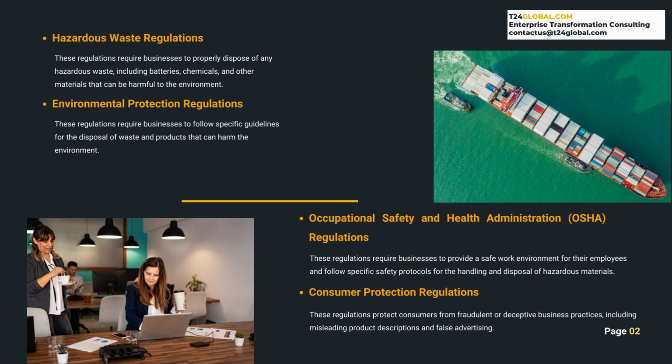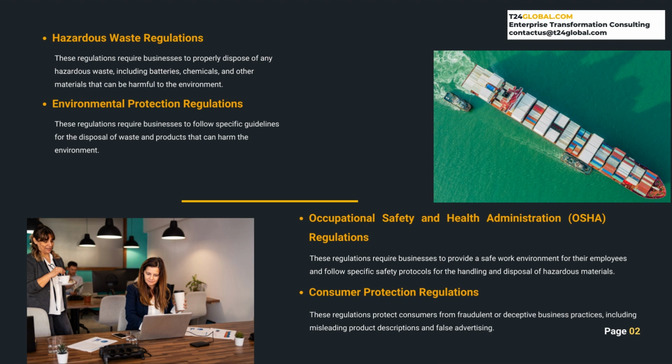3. Occupational safety and health administration, that is, OSHA regulations. These regulations require businesses to provide a safe work environment for their employees and follow specific safety protocols for the handling and disposal of hazardous materials.